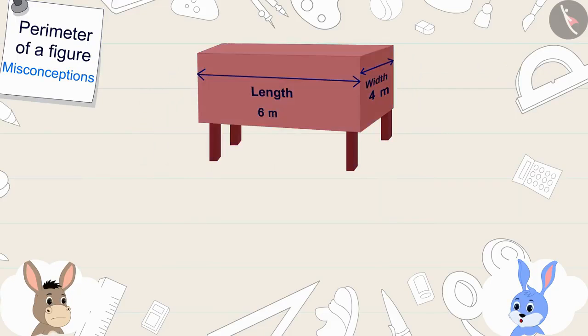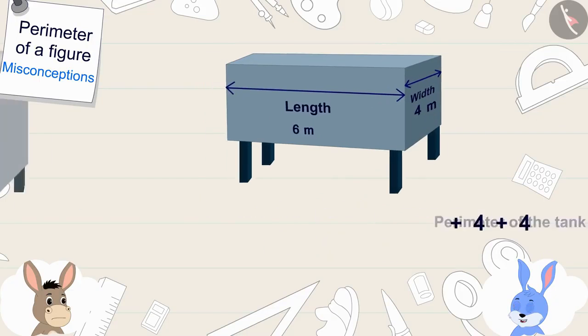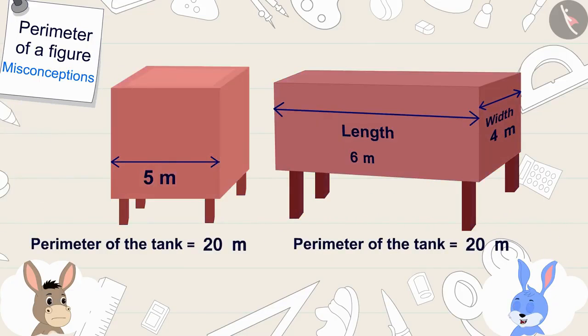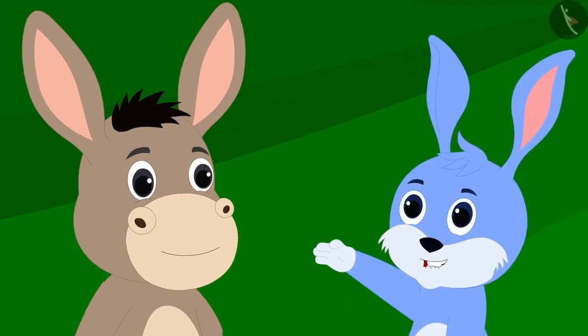So, the rectangular tank will have the perimeter of 6 plus 6 plus 4 plus 4 or 20 meters. Thus, the perimeter of these two tanks are exactly the same. In other words, we both have covered the same distance.